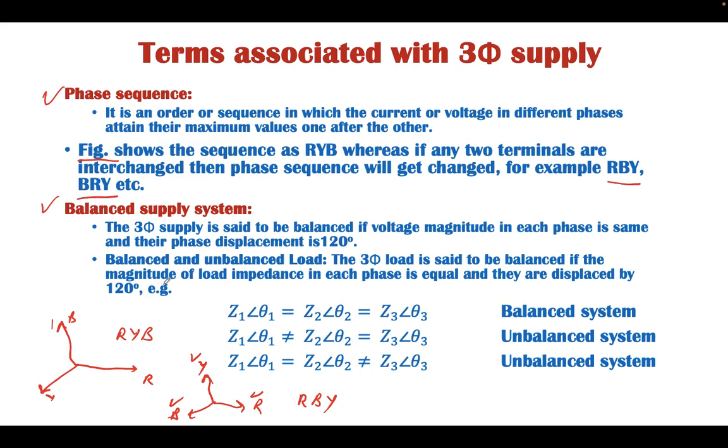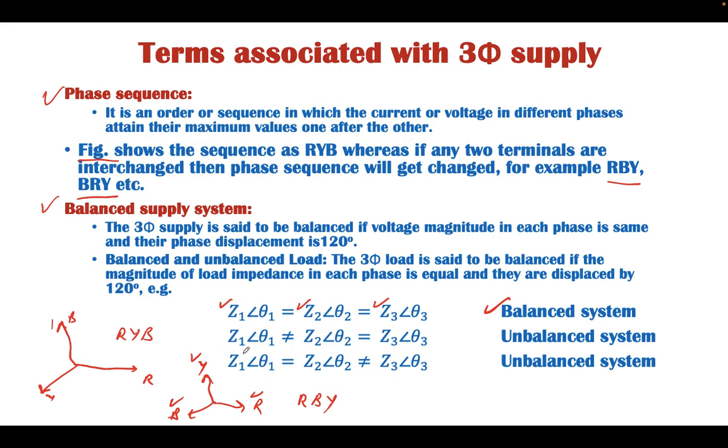Balanced or unbalanced system. In a three-phase system, since we are having three different individual loads in three different phases, it can be considered as a balanced system or an unbalanced system. In case of a balanced system, if Z1 theta 1 equals Z2 theta 2 equals Z3 theta 3, that system is known as a balanced system.